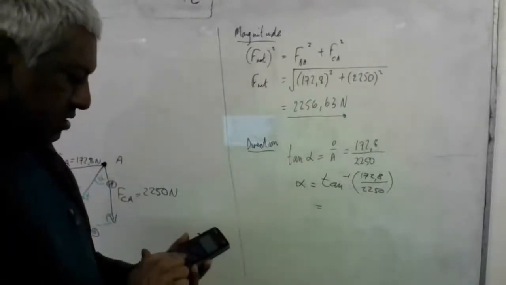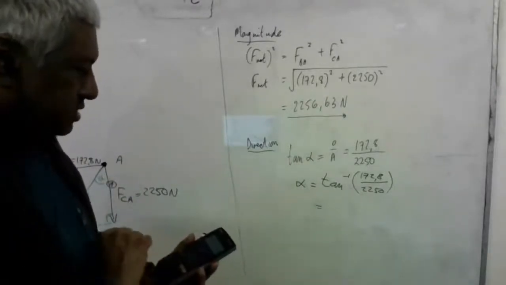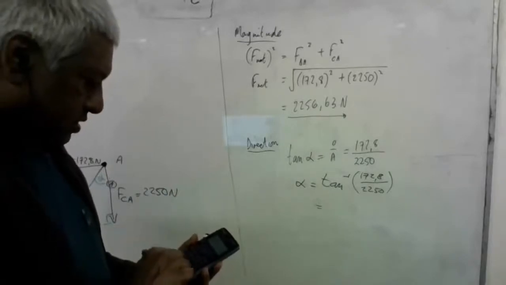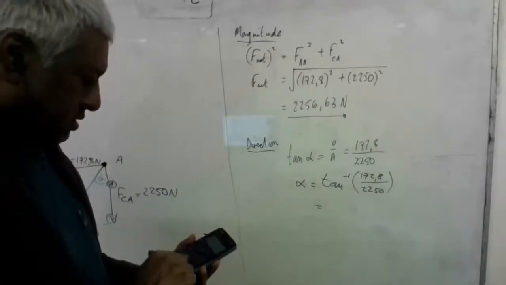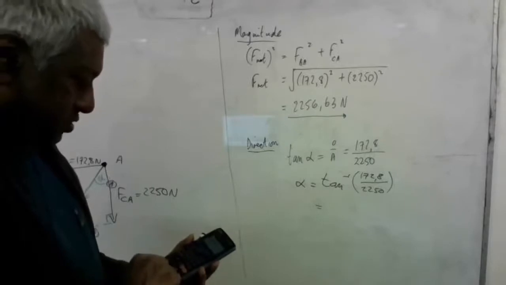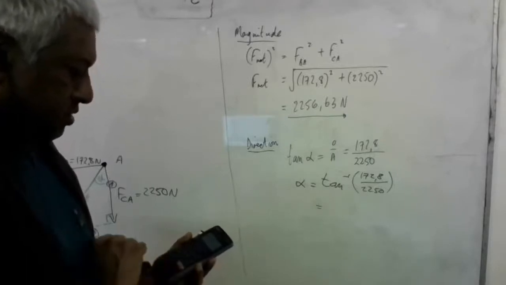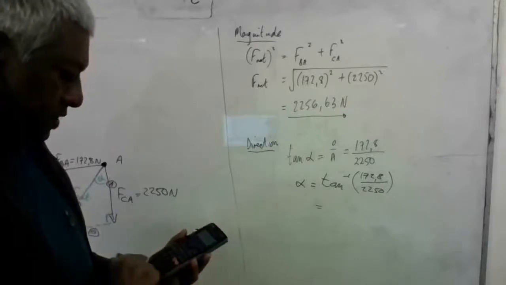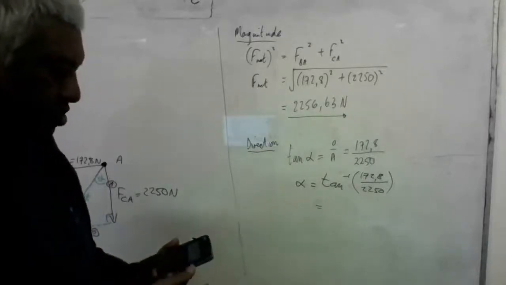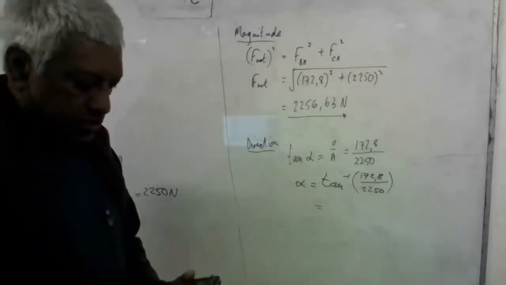Shift tan, fraction button, 172.8 divided by 2250, close bracket, equal. 4,39 degrees.